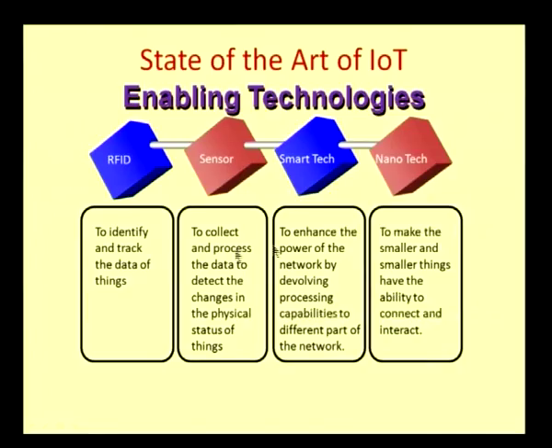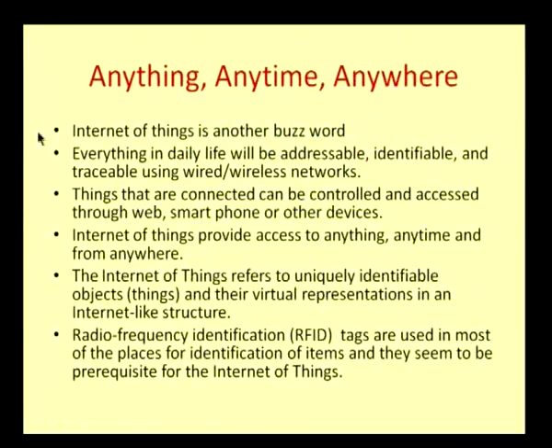The state of art of IoT is having RFID, sensors, smart technologies and nanotechnologies. All those things are helping to enable IoT. So, the main concept is anything, anytime, anywhere.